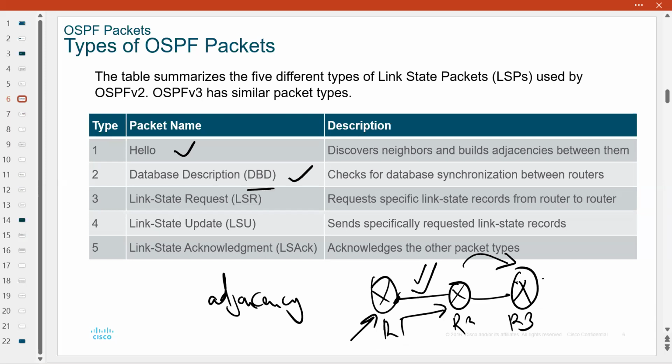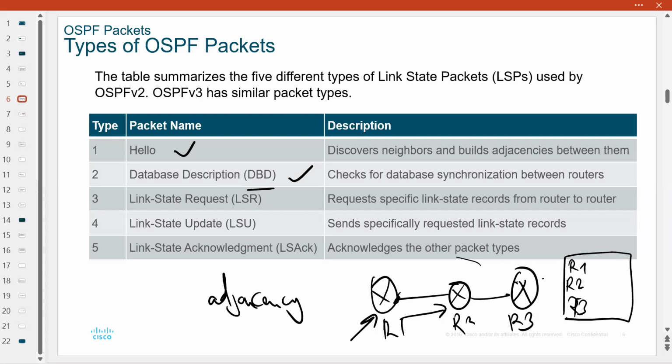A router shares the networks it knows by default, which are the directly connected networks. Those are DBDs. If the routers share what they know, then all networks become known. R1 knows everything up to R3, R2 knows everything about R1 and R3, and R3 knows everything about R2 and R1 because they've shared their DBDs.